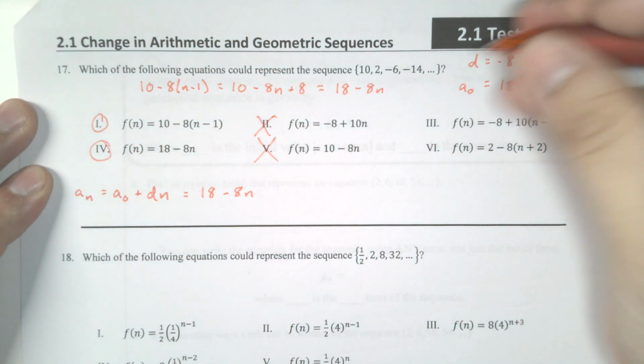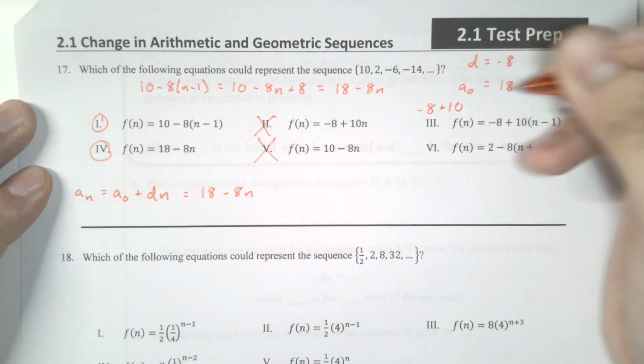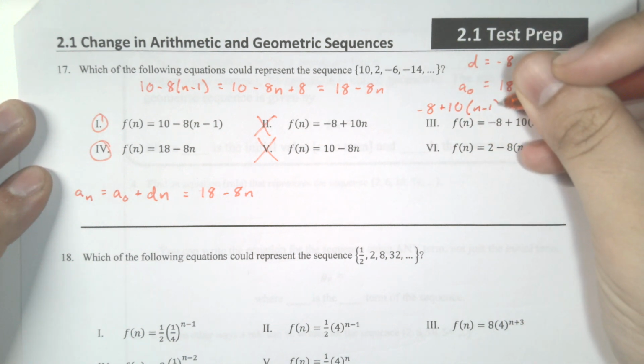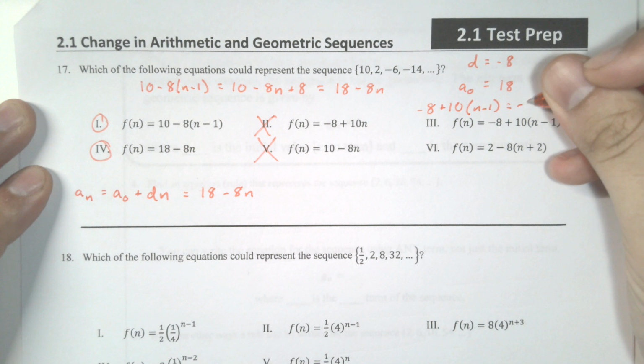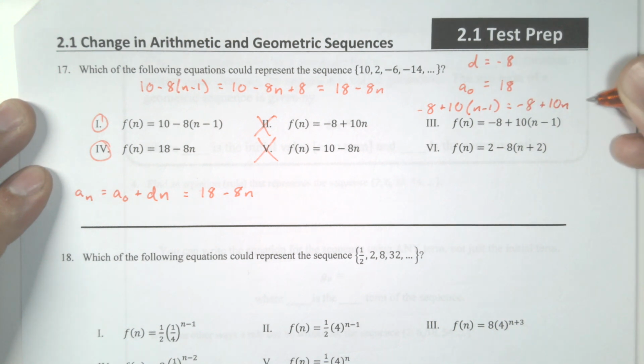What about this one over here? For number 3, we have negative 8 plus 10 times n minus 1. Simplifying that, we have negative 8 plus 10n, and then minus 10. And simplifying that, we have negative 18 plus 10n. And so that one checks out as well.